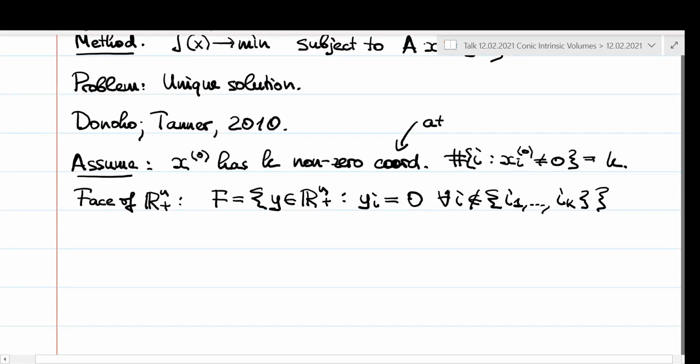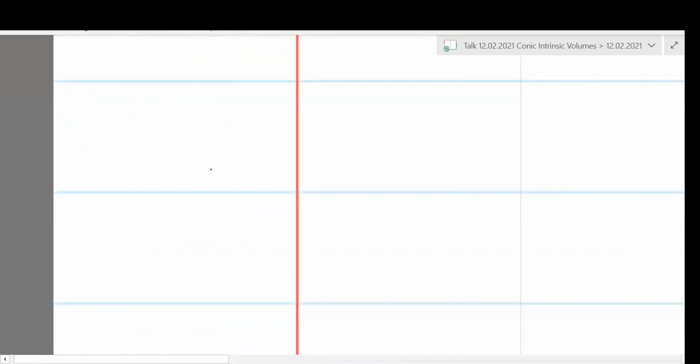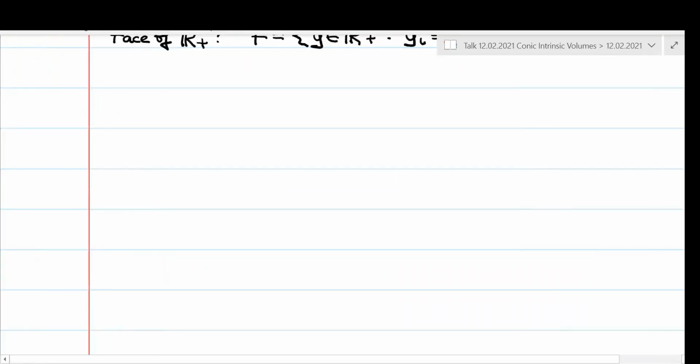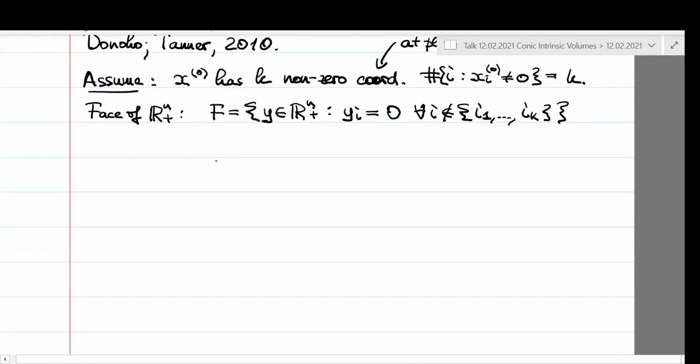So at places i_1, ..., i_k, x0 has positive elements. And we consider now the face where these coordinates are free and the others are 0. Of course, x0 belongs to this face.